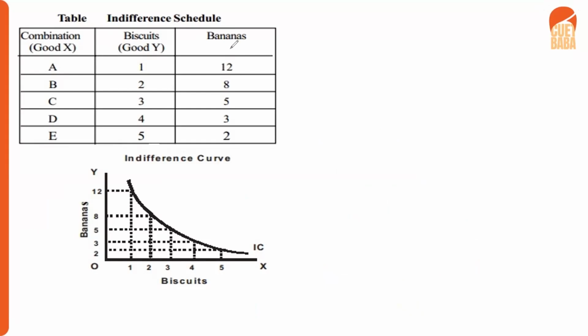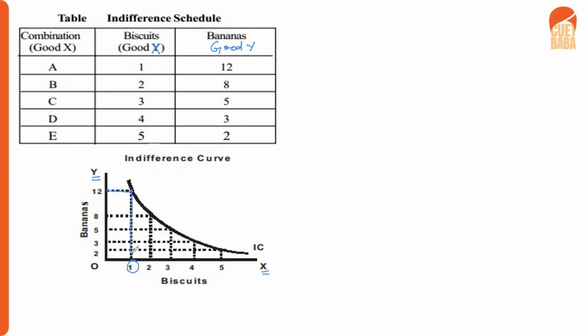Here we can see biscuits and bananas are given. Actually, this one should be good X and this would be good Y. Based on that, in the example, good X is given as 1 on the X-axis, and good Y is given as 12.